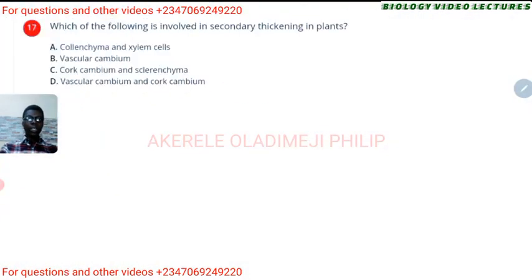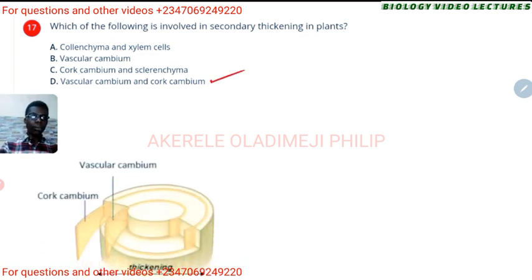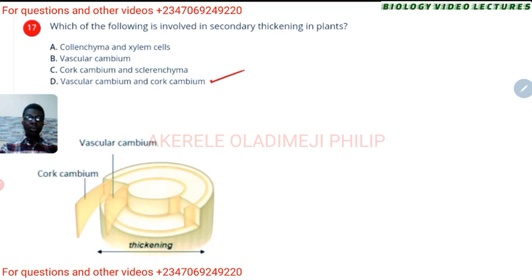Now, which of the following is involved in secondary thickening in plants? Well, we had this in one of the questions earlier on, and I think probably you chose vascular cambium and cork cambium. So these are the vascular cambium, so you can say thickening. That's what forms wood.